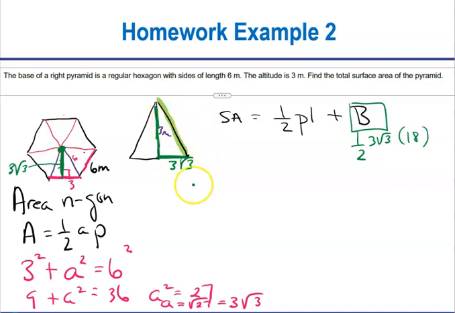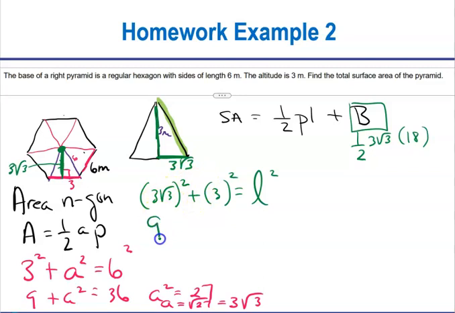Now how am I going to find that slant height? Pythagorean theorem again, here we go. So I've got side squared, so 3 square root of 3 squared, plus side squared, which is 3 meters, the height of the pyramid, is equal to the slant height. I'm going to call that L squared. Now 3 square root of 3, remember when you have a product raised to a power, you square each.